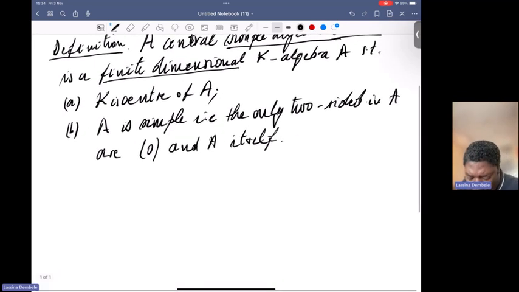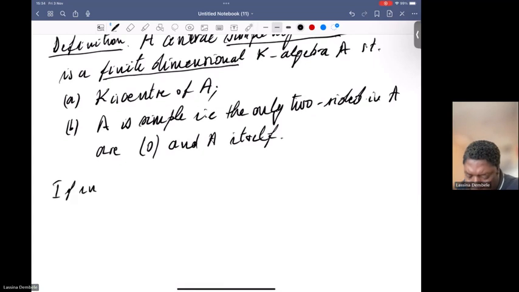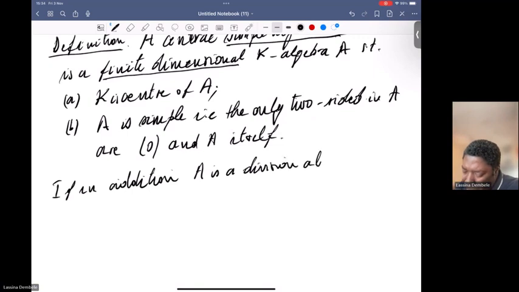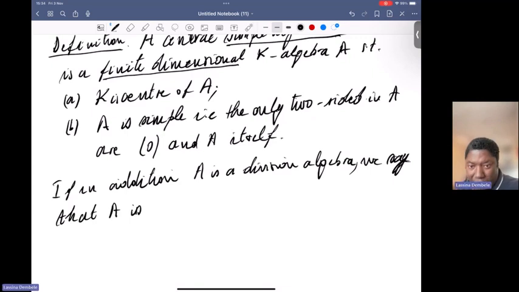And if in addition we know that A is a division algebra, then we say that A is a central division algebra.